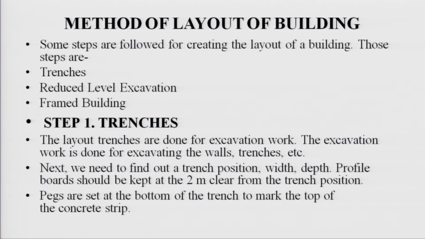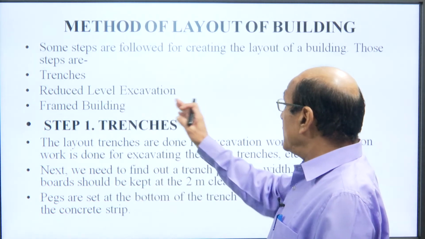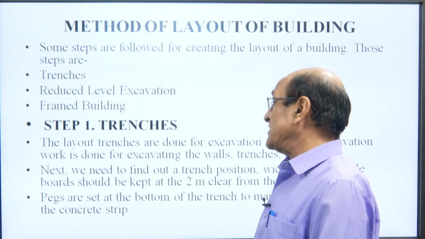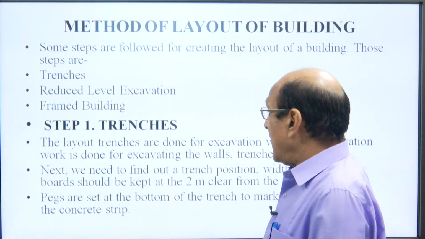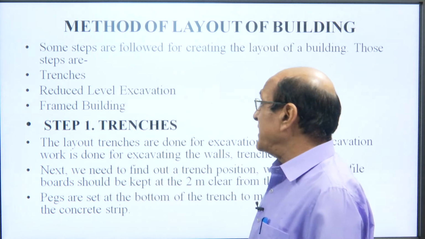Now, the method of layout of a building. Some steps are followed for creating the layout of a building. Those steps are: first is trenching, second is reduced level excavation, and third is framed building.